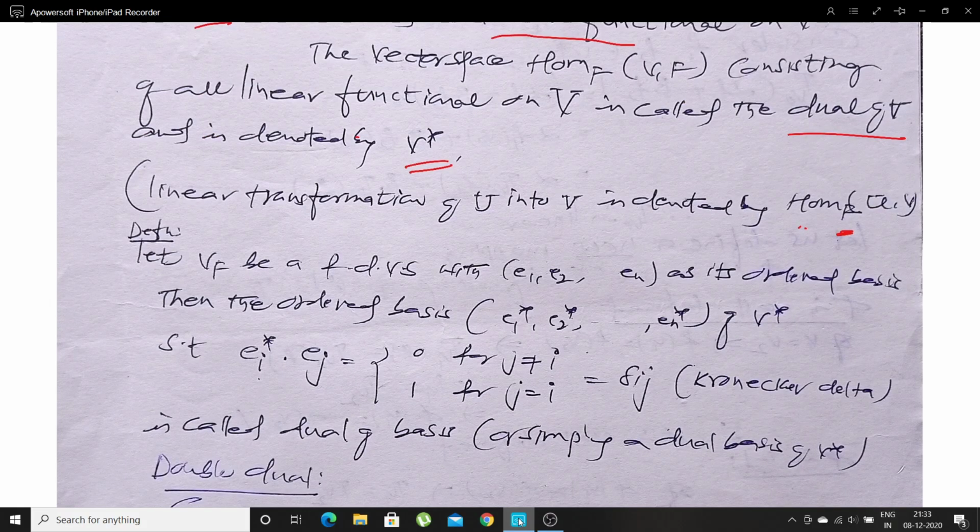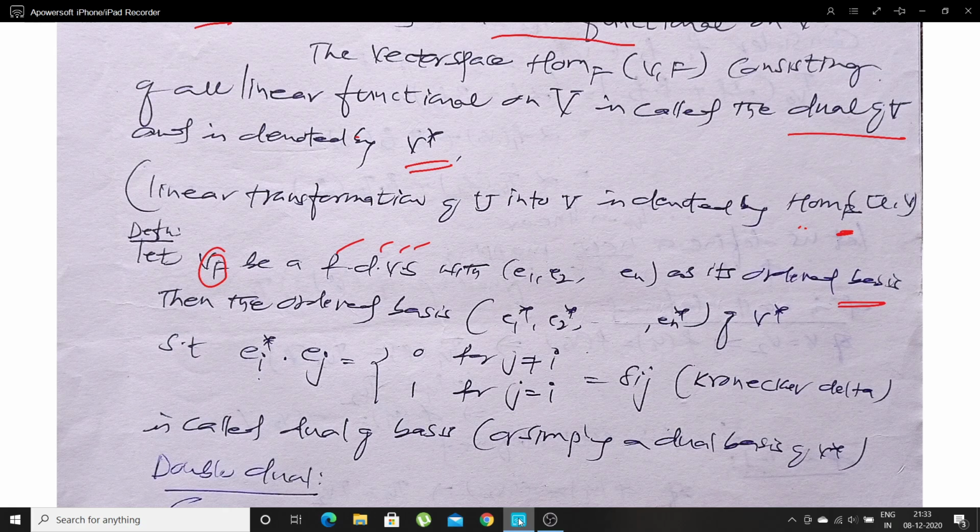Next definition. Let V be a vector space over a field F, and we denote it by V of F, a finite dimensional vector space with unit elements E1, E2 and so on. They are ordered, they are the unit vectors. Unit vectors definitely relate to the basis.